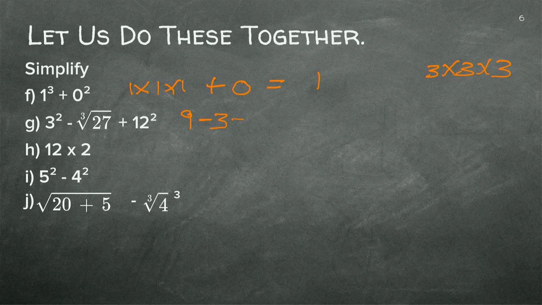Minus 3 plus 12 squared. This you all know is 144. So our answer is 9 minus 3 gives us 6 plus 144 will give us 150.